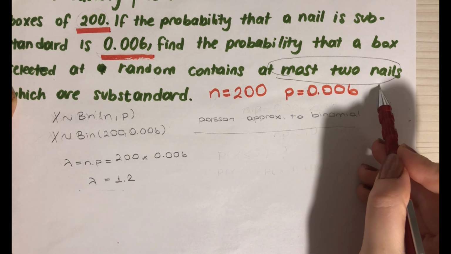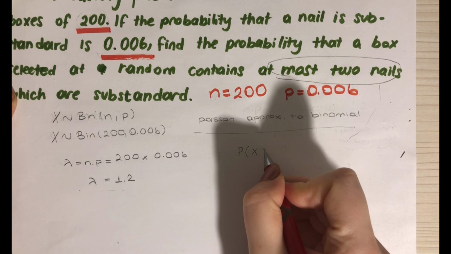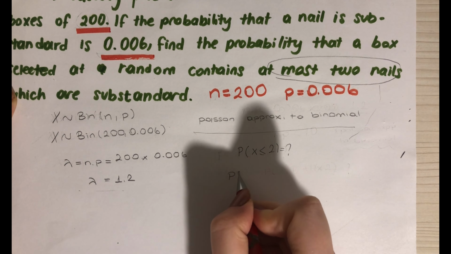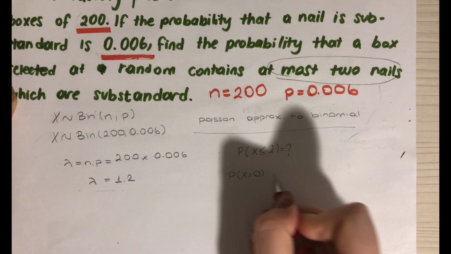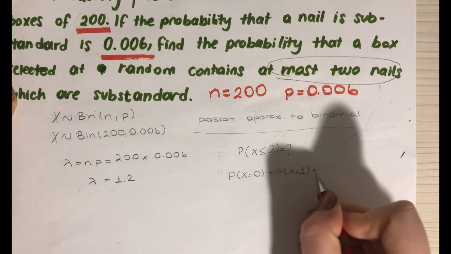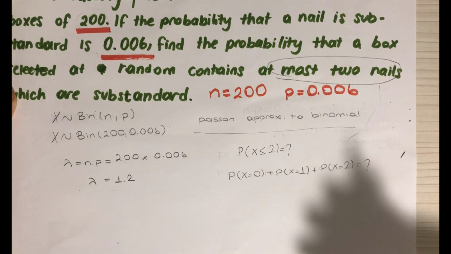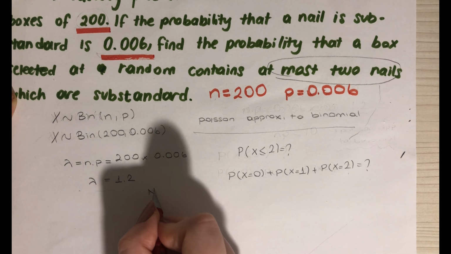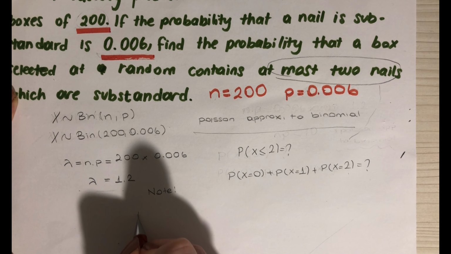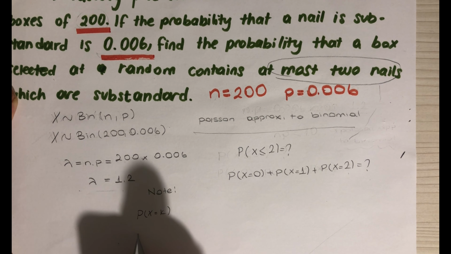Since I know that, I will continue calculating what's expected from us, which is a random box that contains at most 2 nails. So we can say that the question is asking X less or equal to 2. And the easiest way to calculate this would be calculating P equals the probability of X being 0, X being 1, and X being 2, and taking the sum of all of those answers.